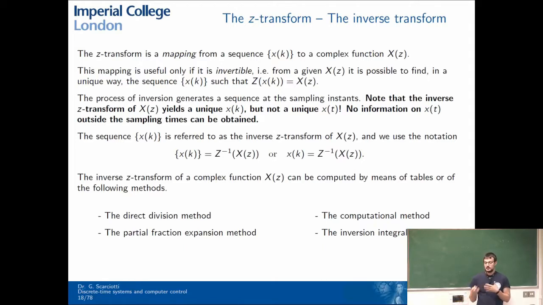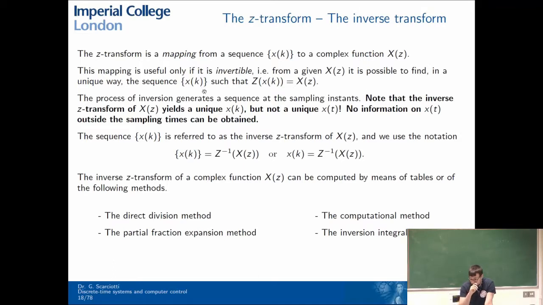Otherwise, this tool is not useful if we cannot actually go back to the sequence domain, the real world domain. Okay, so the fact that the Z-transform is actually invertible means that given a Z-transform, we can recover a unique sequence x of k.